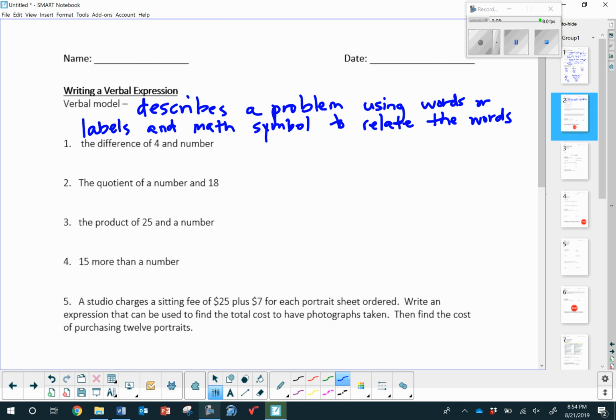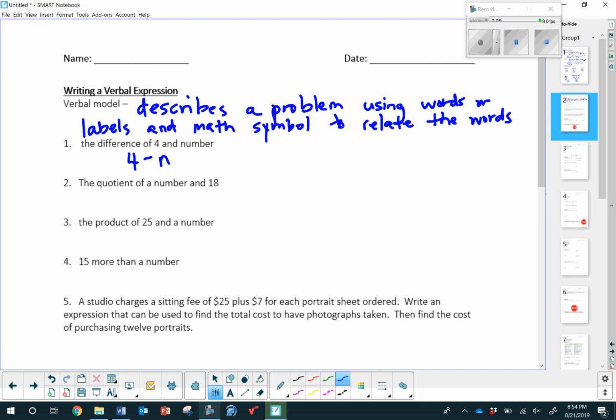So, the difference of 4 and a number: the key word is difference here. Difference tells us to subtract. So the way we would write that as a verbal model would be 4 minus n.